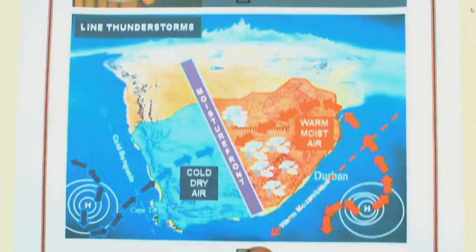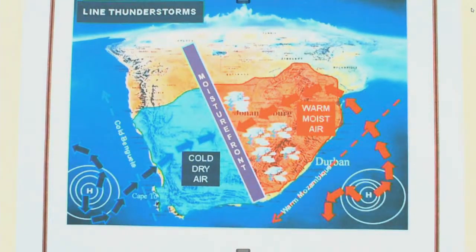So when you look at this diagram, it shows us two high pressure cells. Under the regional study of South Africa, there are three determinants of weather and climate in South Africa. One of the determinants is the anticyclonic circulation around South Africa.